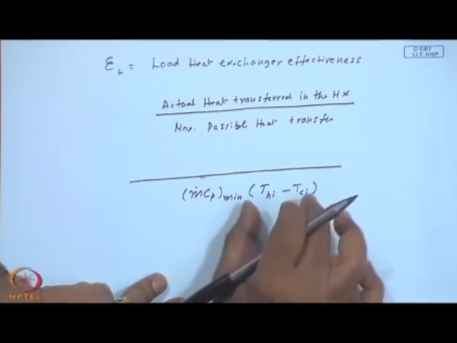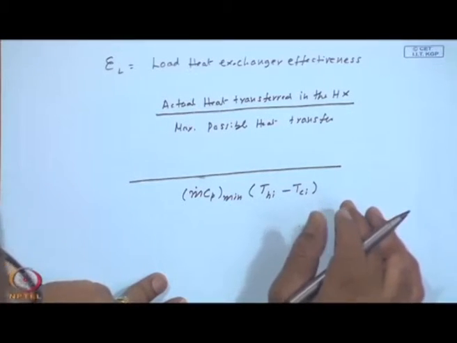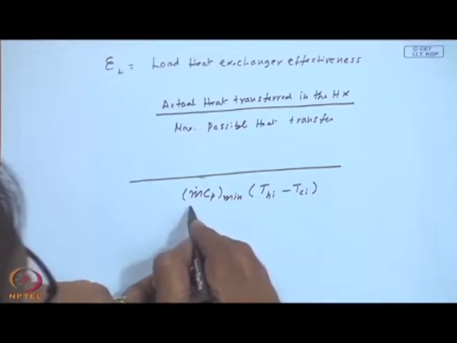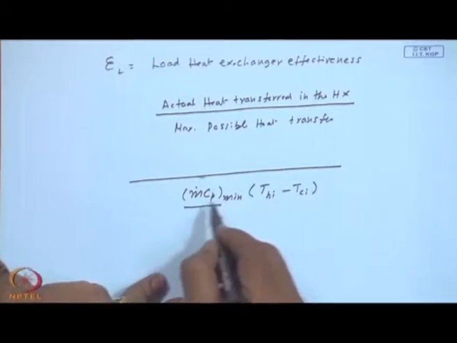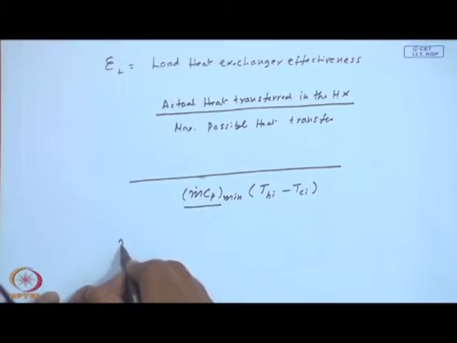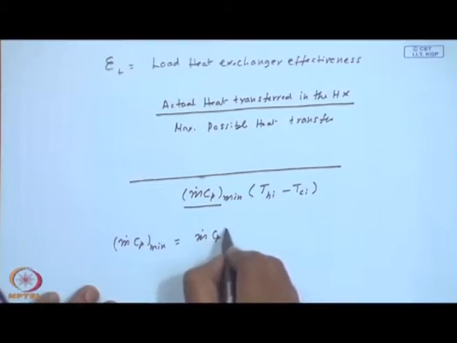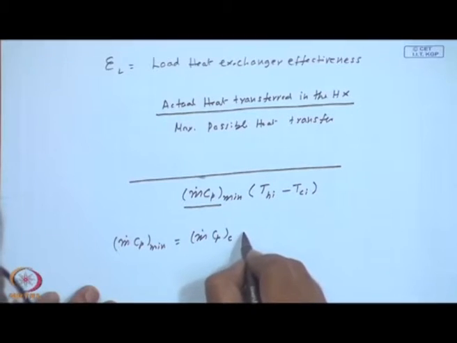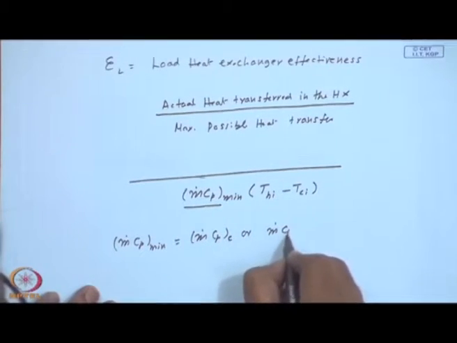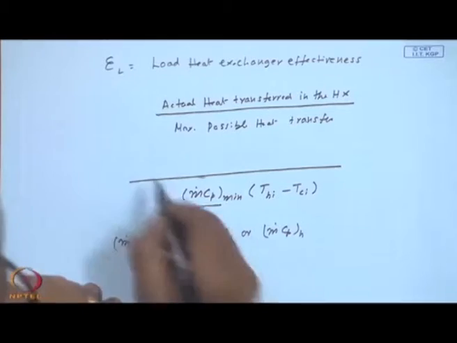So, this is the maximum possible temperature change that can occur to either of the fluids. That chance is there for the fluid with the lower heat capacitance, m dot C_p minimum, which may be equal to m dot C_p cold or m dot C_p hot, depending upon which one is lower of the two.